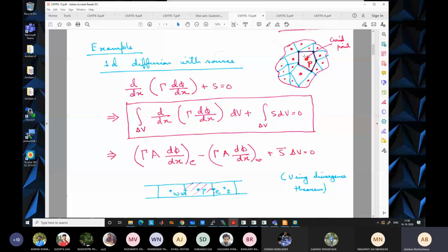Typically, these grid points in common CFD languages are known as P. This is the point at which we are doing the calculation. As we will see later for structured grids, the eastern points are given by E and the western points are given by W. The top, northern points are given by N and the southern points are given by S. This is the typical methodology.